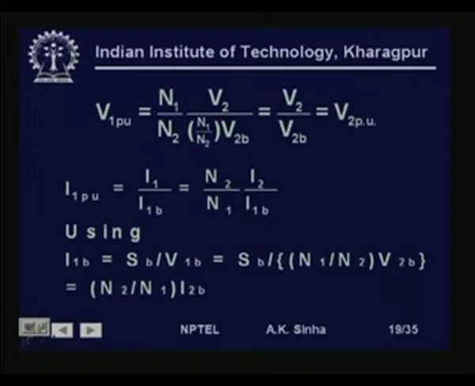Similarly, we can write I1 per unit is equal to I1 by I1 base, which is equal to N2 by N1 into I2, that is I1 divided by I1 base. Now, using I1 base is equal to S base by V1 base, this will be equal to S base divided by N1 by N2 into V2 base. This finally comes to N2 by N1 into I2 base.